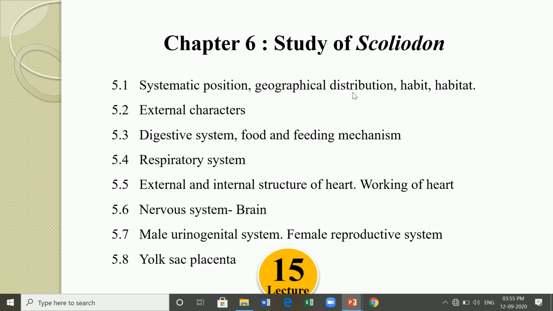And the last chapter is the largest chapter belonging to this paper, that is study of the Scoliodon, which is the animal type we are going to learn belonging to the vertebrates. In the first topic we are going to discuss the systematic position, geographical distribution, habit and habitat of the Scoliodon, also referred to as the Indian shark.